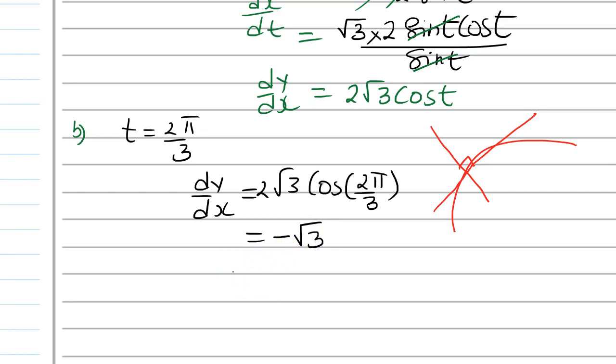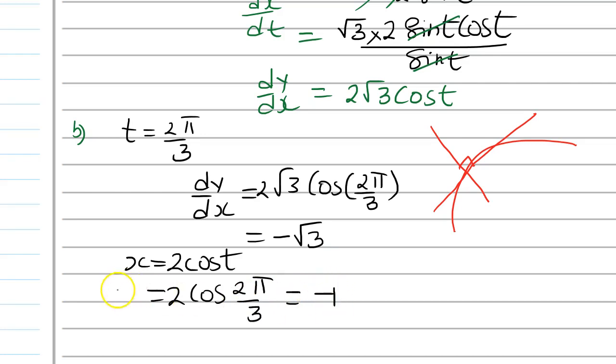Now we need to calculate x as well and y as well. So x was 2 cos t, so 2 cos 2 pi by 3. Put this value in a calculator, you get minus 1. So x is minus 1.